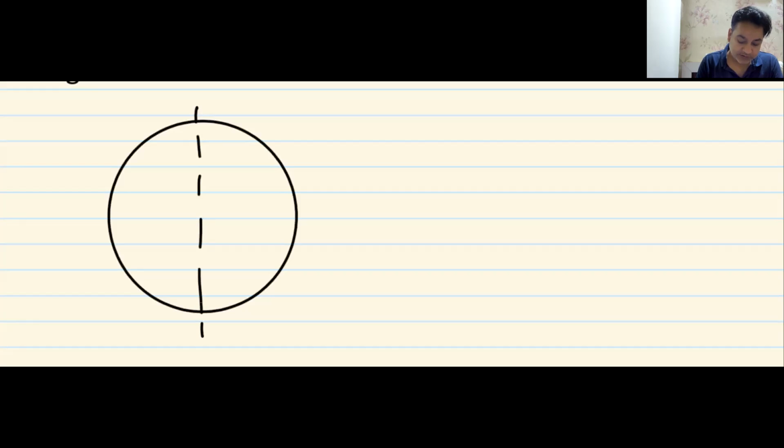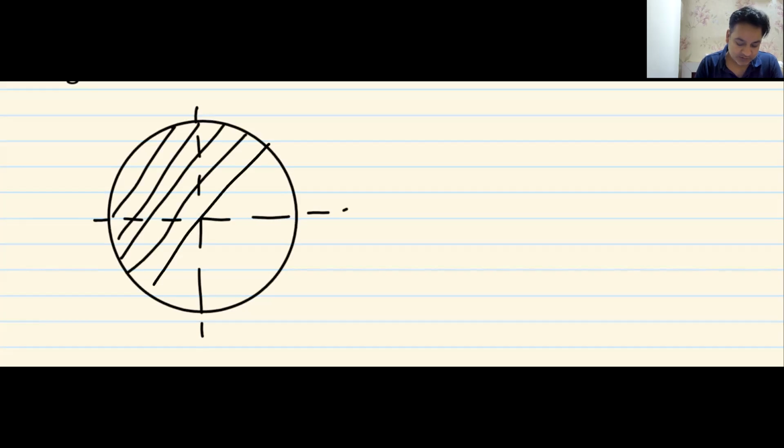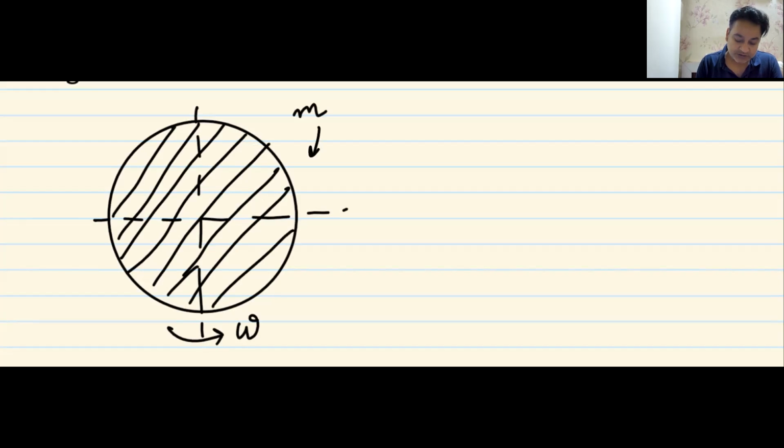Now, to get it into a disk, I would put this like this so that you understand that it is now a disk. Now it is rotating, let us say like this, with a constant angular velocity omega. The mass of the disk is m and the total charge is q.